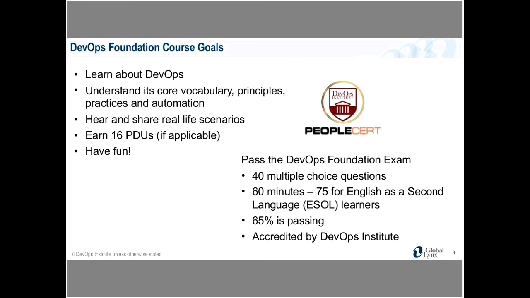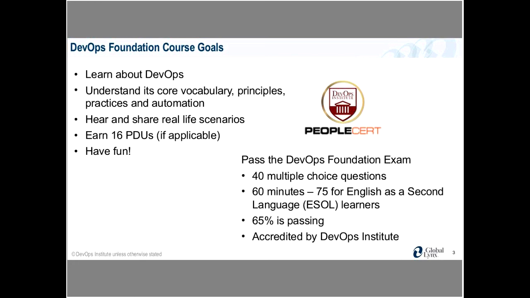So we've talked a little bit about PeopleCert. PeopleCert is the organization that conducts the exam. It is proctored. I mentioned that you have to have a camera, and they will watch you take the exam. At the end of your hour or hour and 15 minutes, when you push a button that you have finished taking the exam, you will get immediate results, but they're preliminary results.